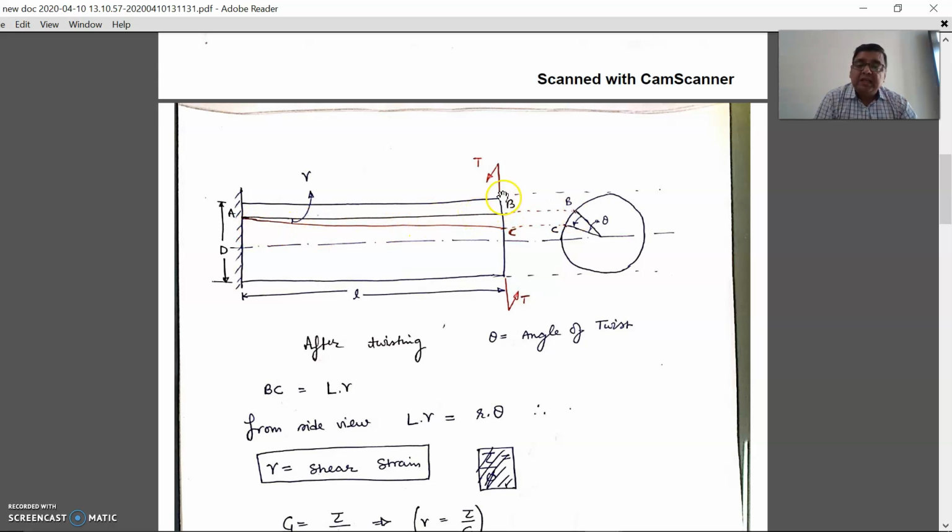If this shaft is under pure torsion, like T on this side, like T on this side, then this point B will shift to point C, but on this side it will remain the same. On the side view it will go like this arrow is indicating. So B to C it will go.